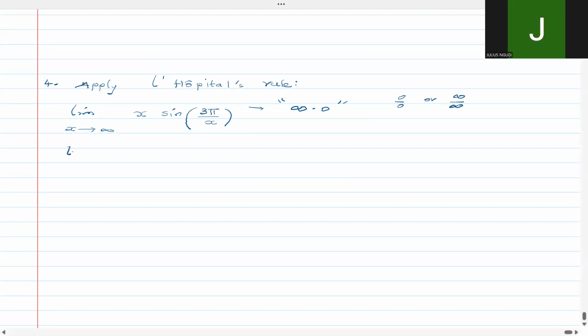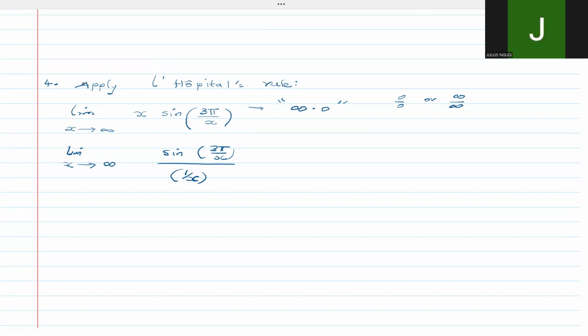So let's rearrange this to have the limit as x approaches infinity, with 3 pi over x, and then don't change the question, but rearrange it, have 1 over x here. So that's the same as the way it was before. I'm only having x as 1 over x in the denominator.